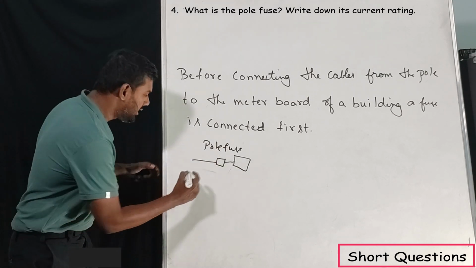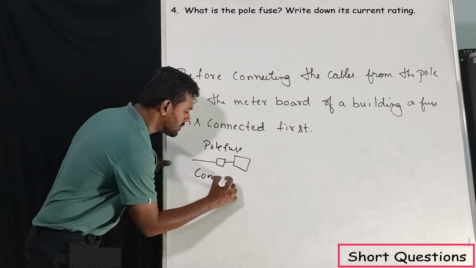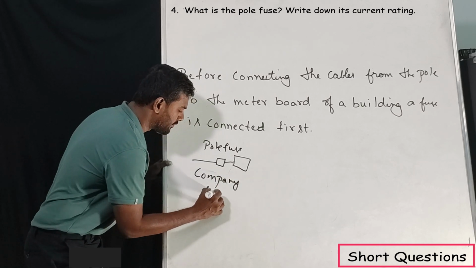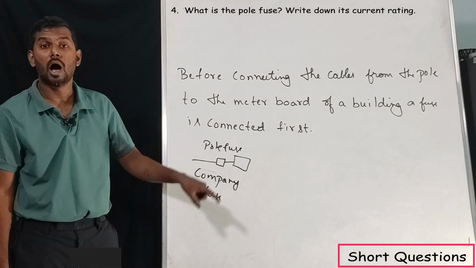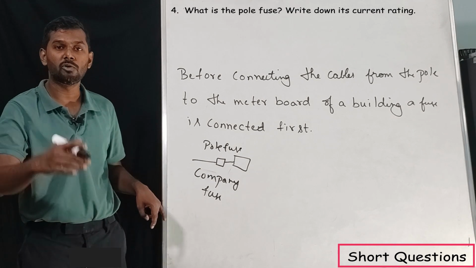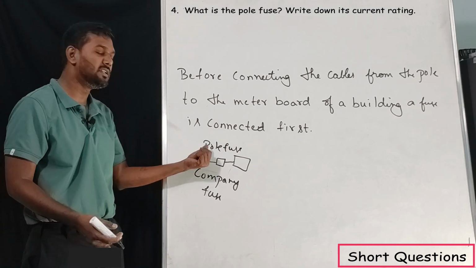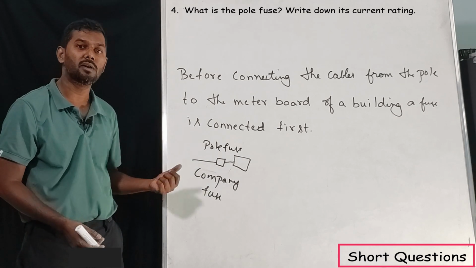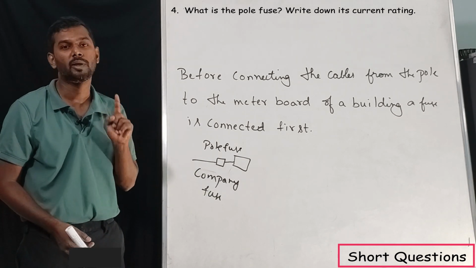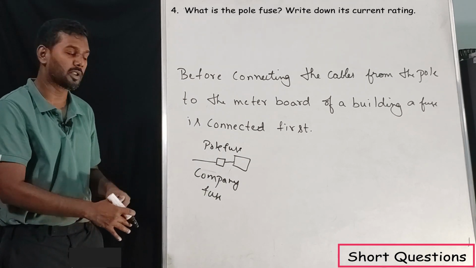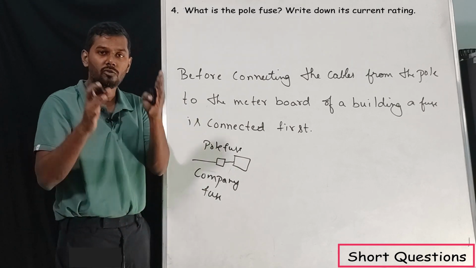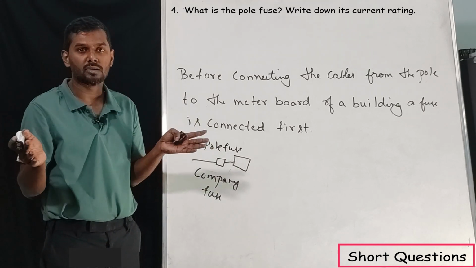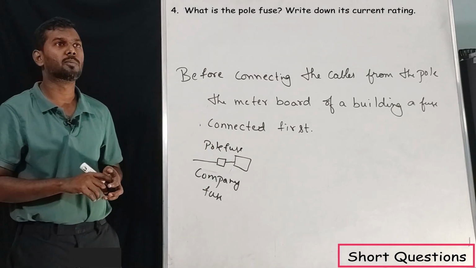Pole fuse and company fuse, both are same. We are not supposed to operate this company fuse. If you don't pay the electricity bill, they'll just take out this fuse, then you have to replace it with a new one, but before replacing you have to pay the electricity bill. This is the concept. So if you understand like this, there is no need to learn anything by heart. That's it.